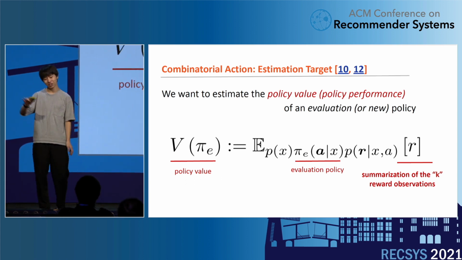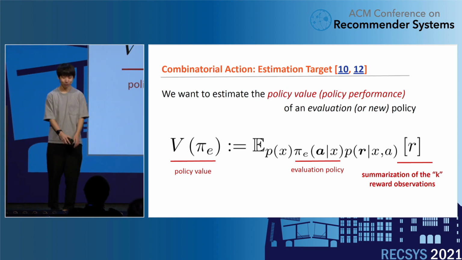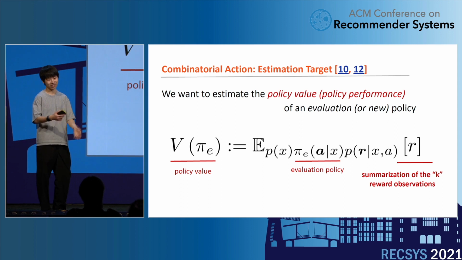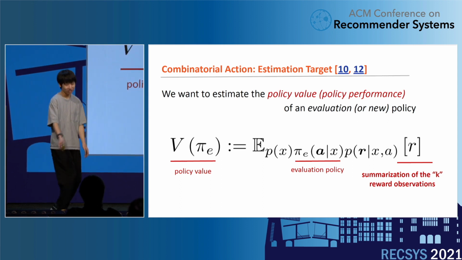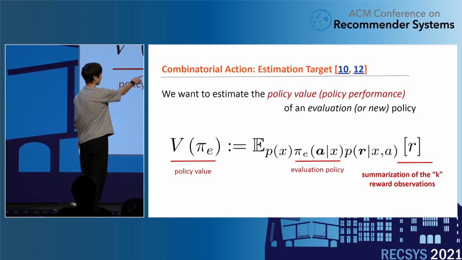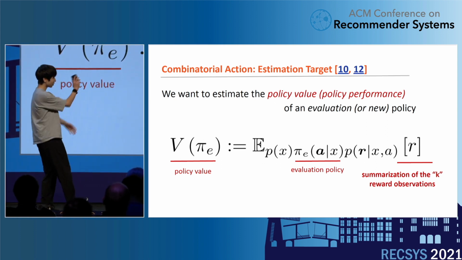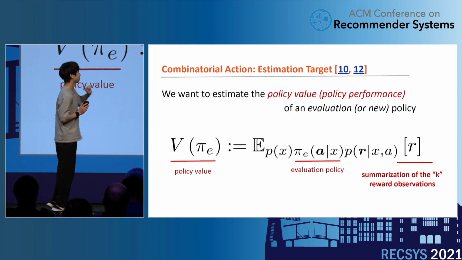That's an independent interest, so I want to keep it simple. I just wanted to focus on the statistical estimation of the policy evaluation problem. So I am now summarizing the K reward observations in a list of recommendations into a single scalar value. That's what I did here.